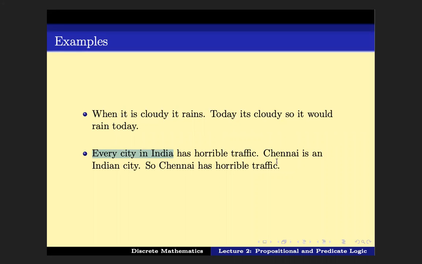The second one is just a statement: Chennai is an Indian city. And the third one is that so Chennai has horrible traffic. Meaning, both these two together imply that Chennai has horrible traffic.